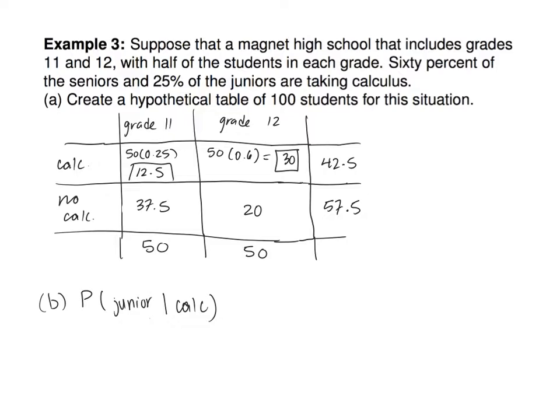Because they're not going to go to that calculus conference unless they're actually in calculus. So just use the table. You could do probability of junior and calc over probability of being in calculus. That's just like your basic rule, right?